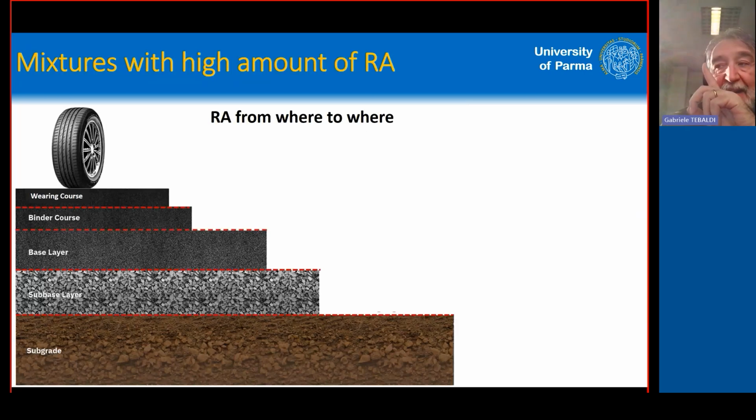If we go very high in the level of the RAP, or the so-called high amount of RAP mixture, there is the quality of the aggregate. It is extremely important because the RAP is not the same, and the RAP that comes from different layers cannot go everywhere.